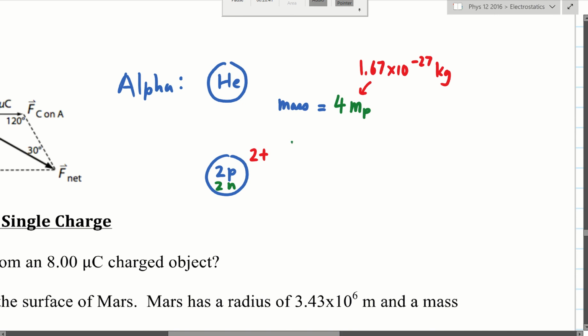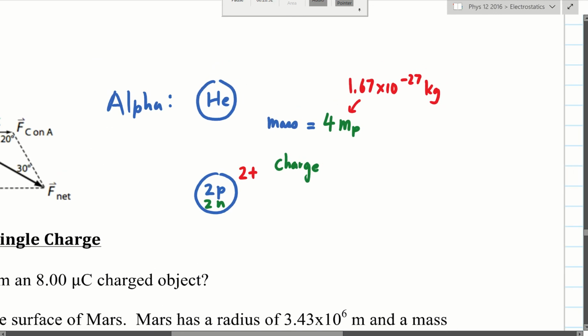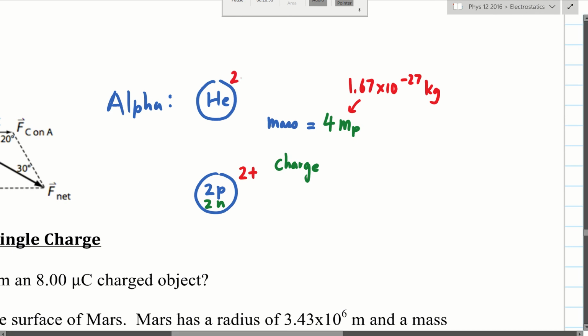Next thing is the charge. What is the charge on an alpha particle? The charge on a proton or electron, as we talked about last time, is 1.6 times 10 to the negative 19. But the alpha particle is a helium with its 2 electrons missing, so it actually has 2 proton charges only. Therefore, it's not a neutral object.